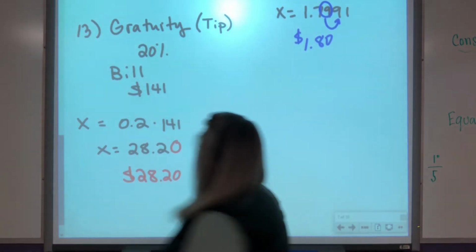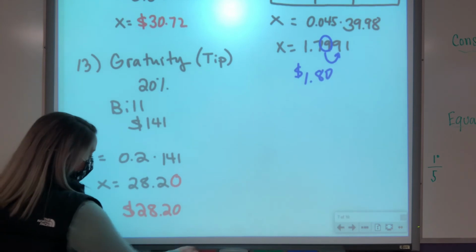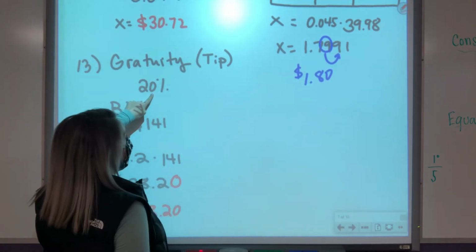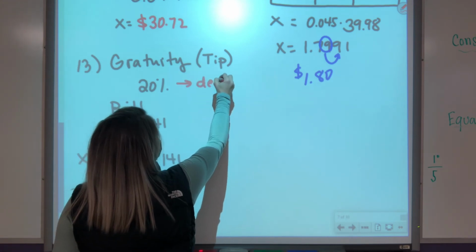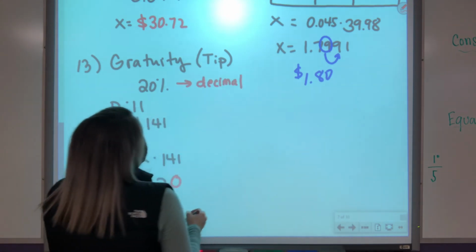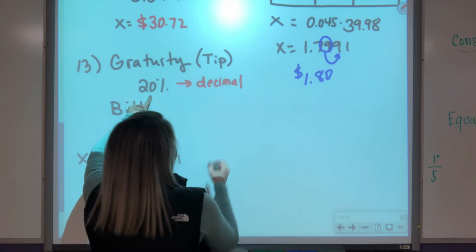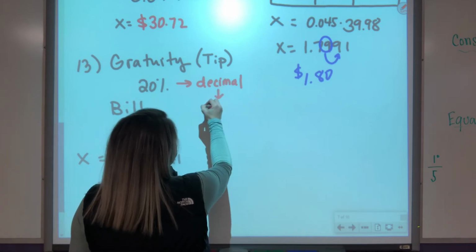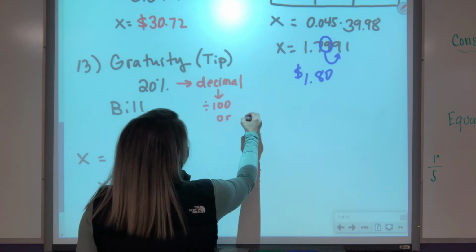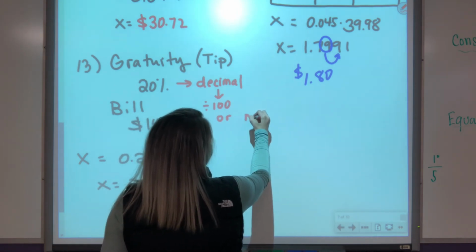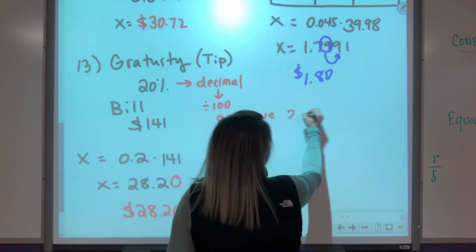I'm confused how you got like 0.2. Okay, so Bob just asked, how did I get 0.2? So this 20%, we want to convert it into a decimal. When we convert from a percent to a decimal, we divide by 100, or move the decimal 2 places to the left.